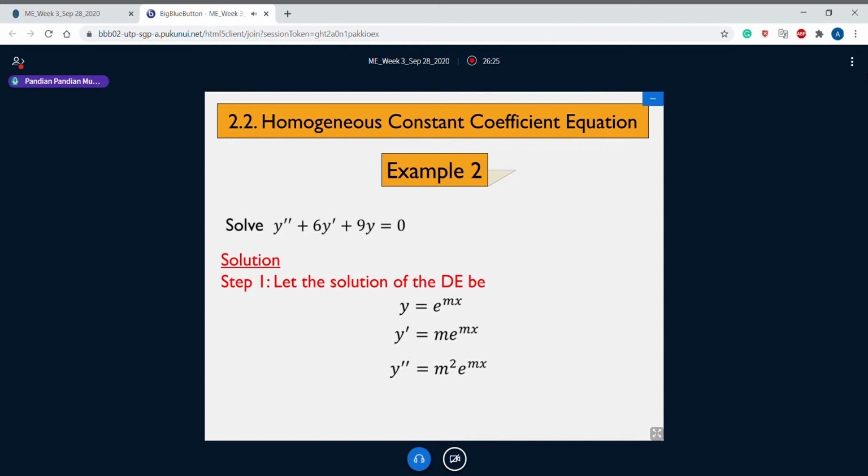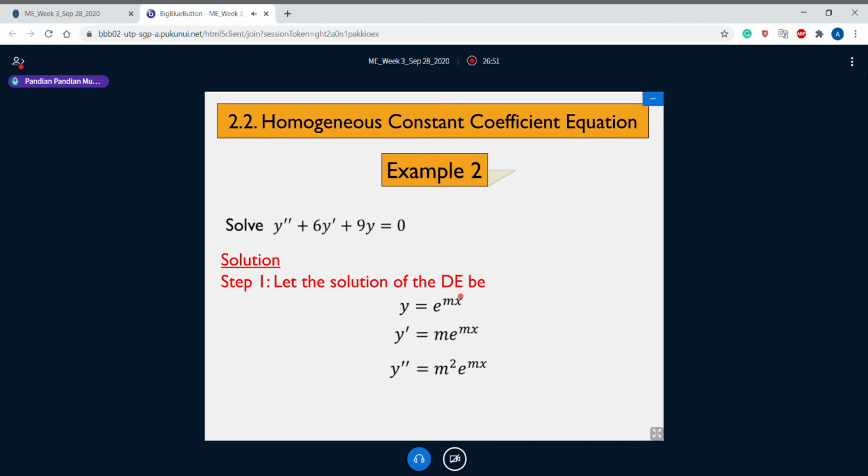But in this example, since we are considering this an example for the beginning, we try to start from scratch. That means you show all the workings, step by step. You start with y equals e^mx.